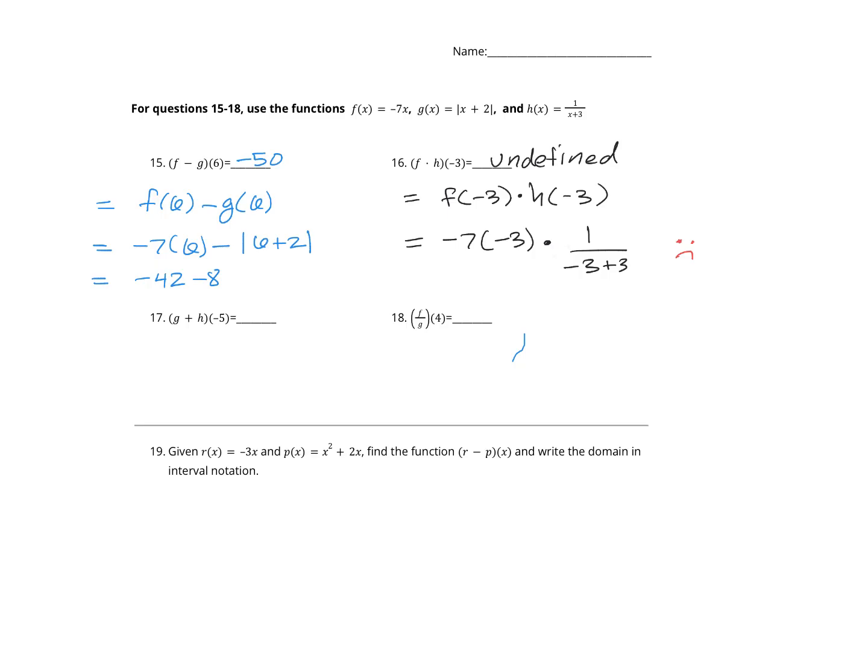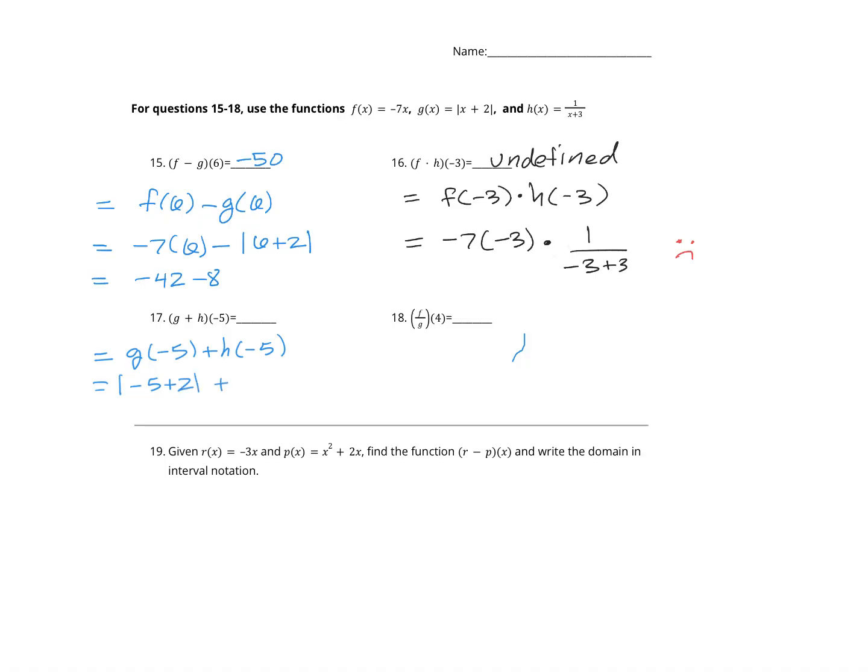All right, next up we have a little addition problem. G plus h of negative 5 is g of negative 5 plus h of negative 5. G of negative 5 comes from plugging negative 5 into the absolute value. So that's the absolute value of negative 5 plus 2.